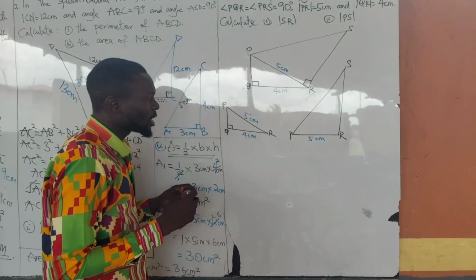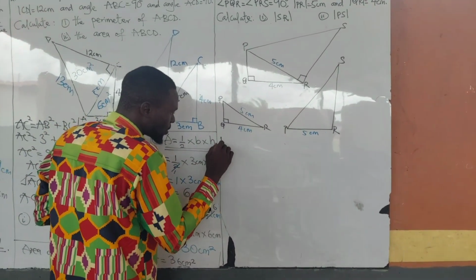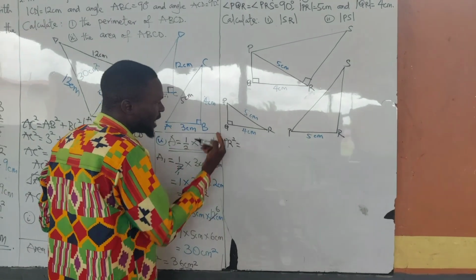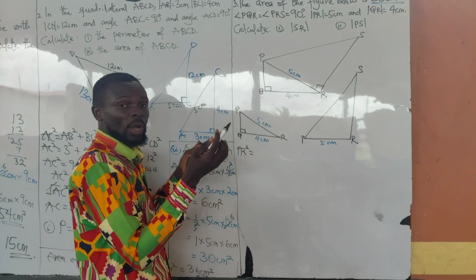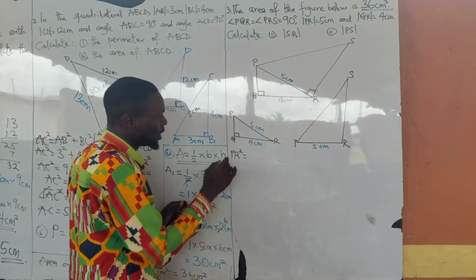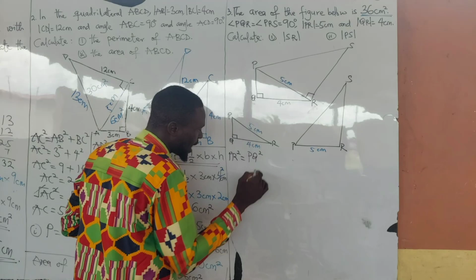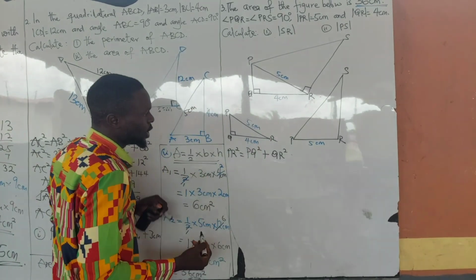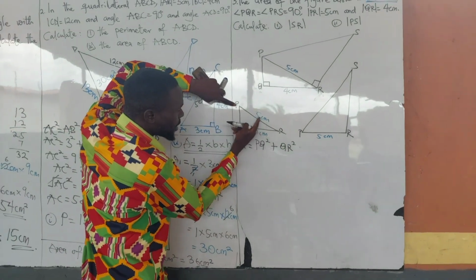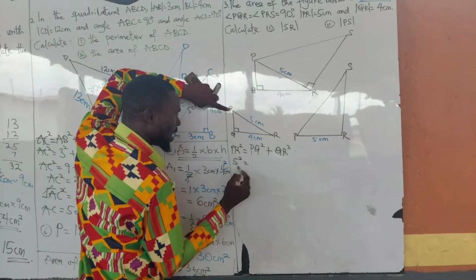So using the Pythagoras theorem, the hypotenuse PR squared is equal to the sum of the squares of the other two sides. So I'm going to say PQ squared plus QR squared. PR, I have 5, so 5 squared.